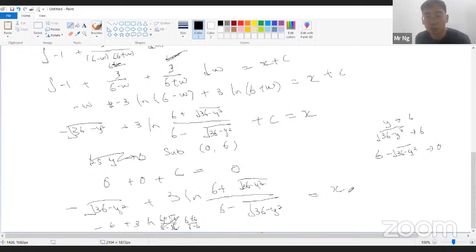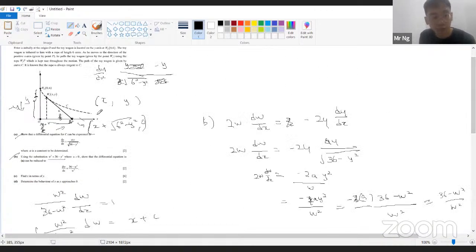That means you are taking the log of a very big number, because this whole thing becomes very big. So x will tend to infinity, which makes sense because this thing should keep on going. Looks like it.